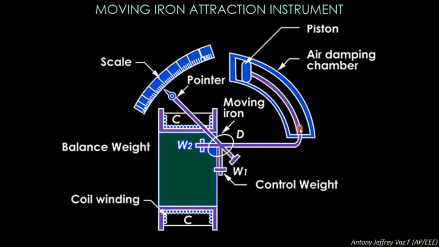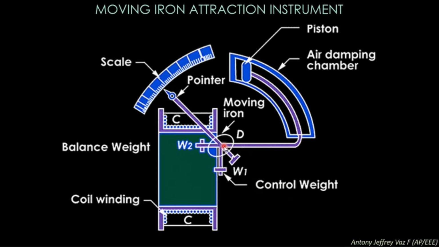You can move the piston, but it will move very slowly and reach the end position, and while getting back to the start position, it will move very slowly. You cannot quickly accelerate the piston from one end to the other end. So this is known as damping, and this damping is provided by air friction, with the help of a piston arrangement which is present inside the moving iron attraction type instrument.